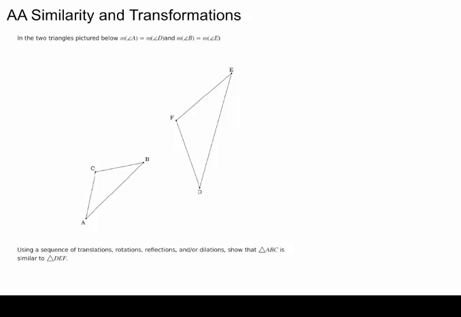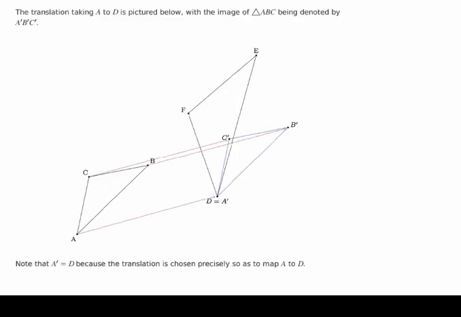Okay, and so the first thing we're going to do is translate our triangle ABC so that vertex A, or point A, lies directly on top of D. So A prime is the same point as D. And then we can see the vectors here in red.